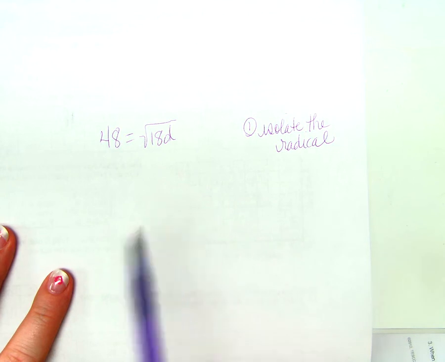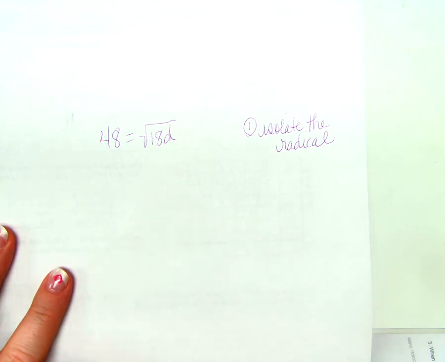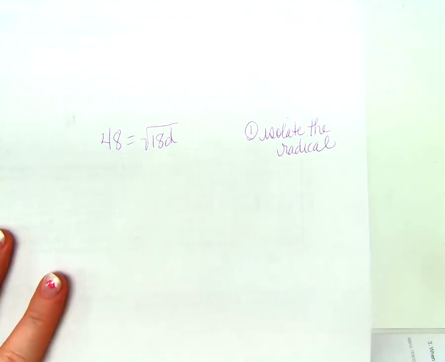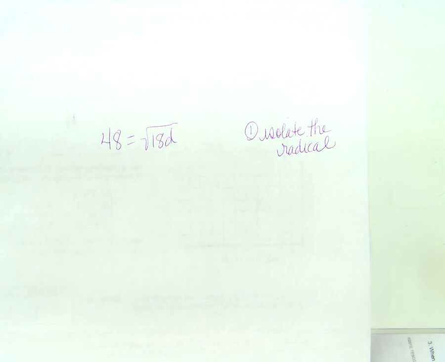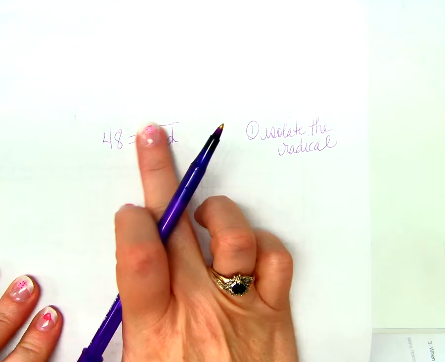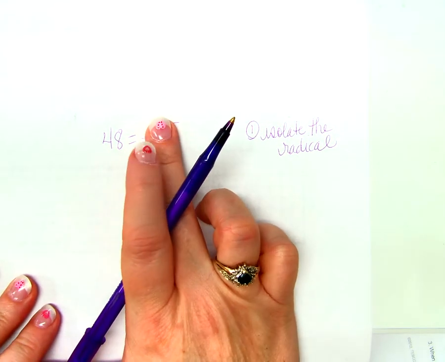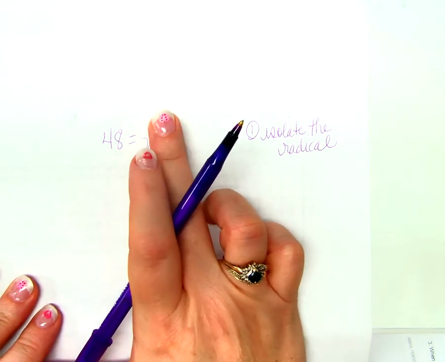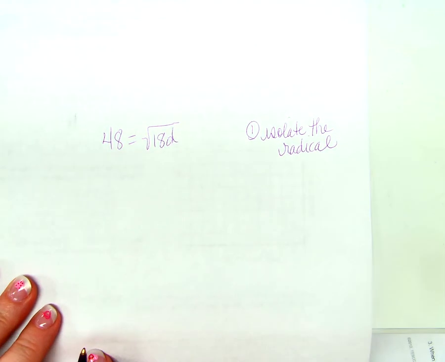Well, I'm not talking about what's inside the radical. Remember yesterday when we talked about transformations, we were talking about inside and outside? I'm saying anything outside of the radical has to be gone. The radical has to be by itself. So if I cover up this radical, is there anything else on this side of the equal sign? No, then this radical is isolated.